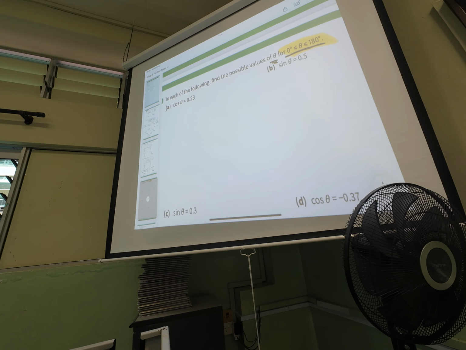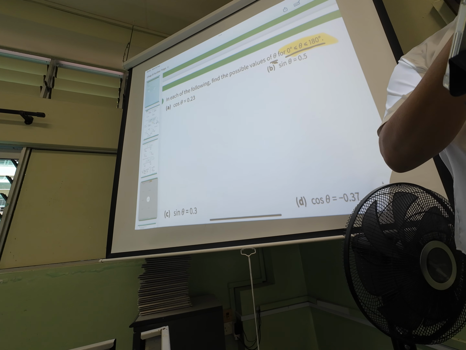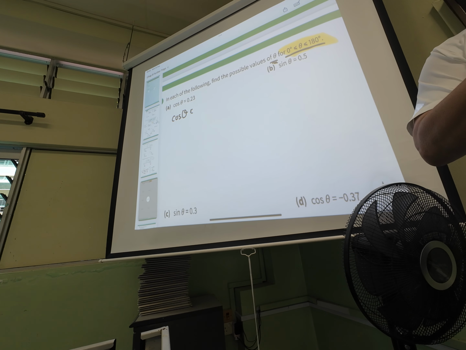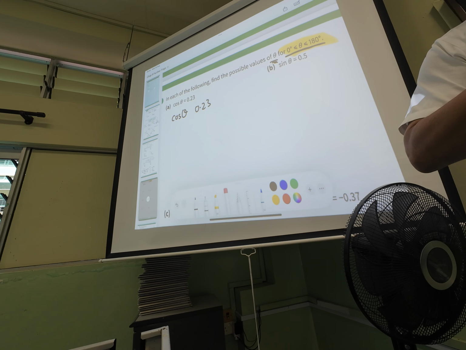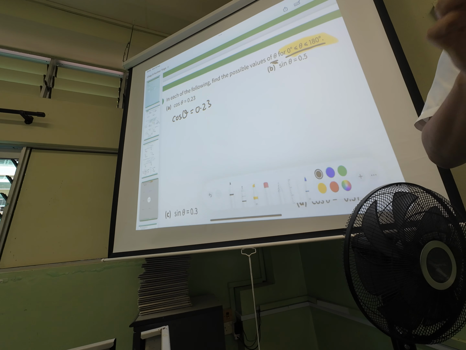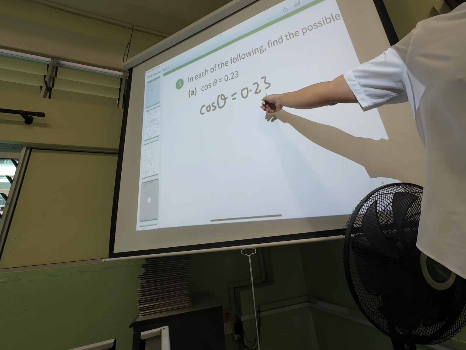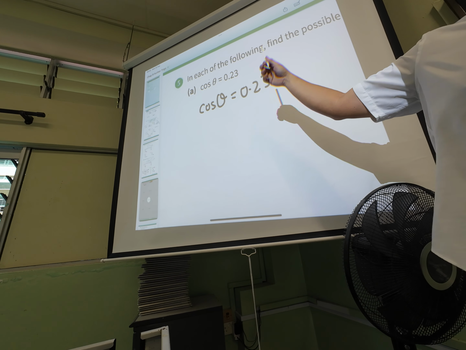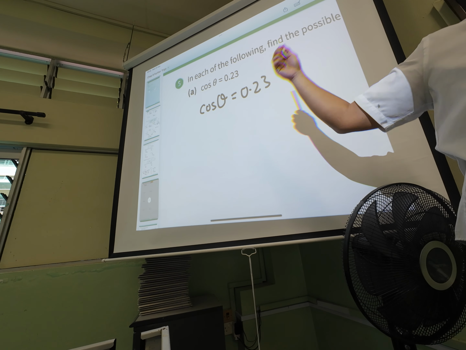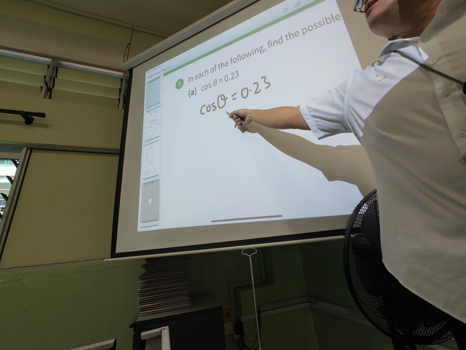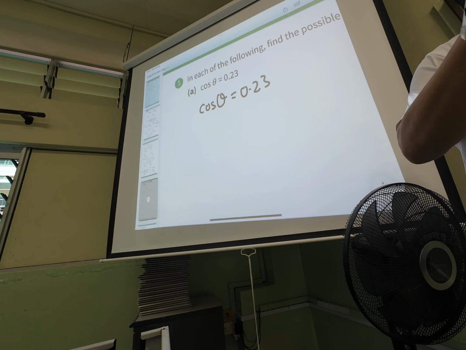You are finding theta, meaning this time they want you to find the angle. So what is the angle? If cosine theta is 0.23, how do I find back the angle theta? Maybe some of you forgot already. All these values are saved inside your calculator, so your calculator already knows cosine of what equals 0.23. I just need to call it out from your calculator. I know that cosine theta is 0.23, and what I want is theta.